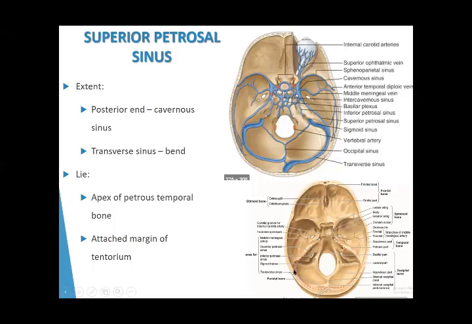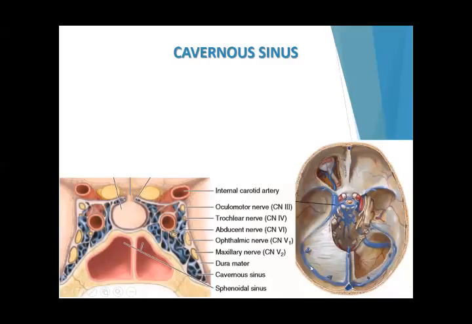Superior petrosal sinus and posteriorly, posterolaterally and then posteriorly, tentorium के margins पे लगा हुआ है ट्रांसवर्स साइनस. इसके अटैच्ड मार्जिन में ये you have the superior petrosal sinus and you also have the transverse sinus. और ये मैं आपको दिखा दूं, टेंटोरियम है ये, ठीक है. इसके अटैच्ड मार्जिन में this is the superior petrosal sinus, this is the transverse sinus.